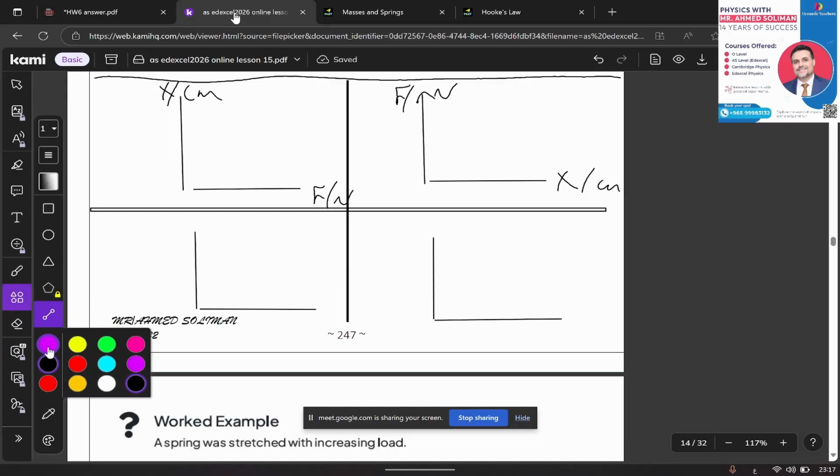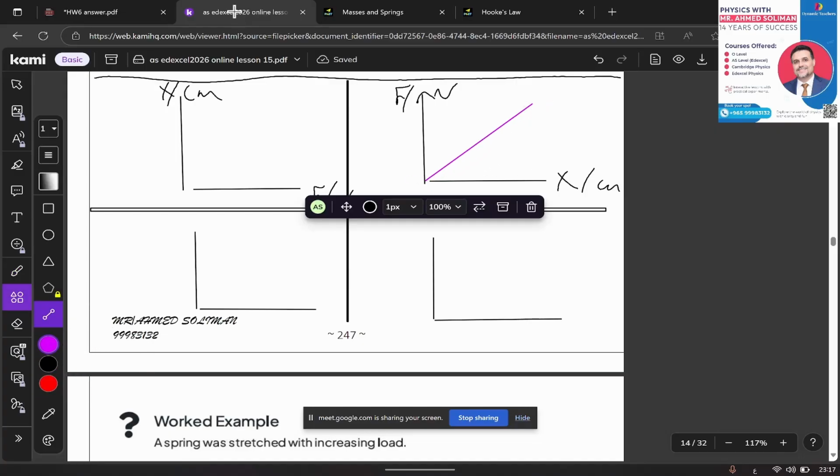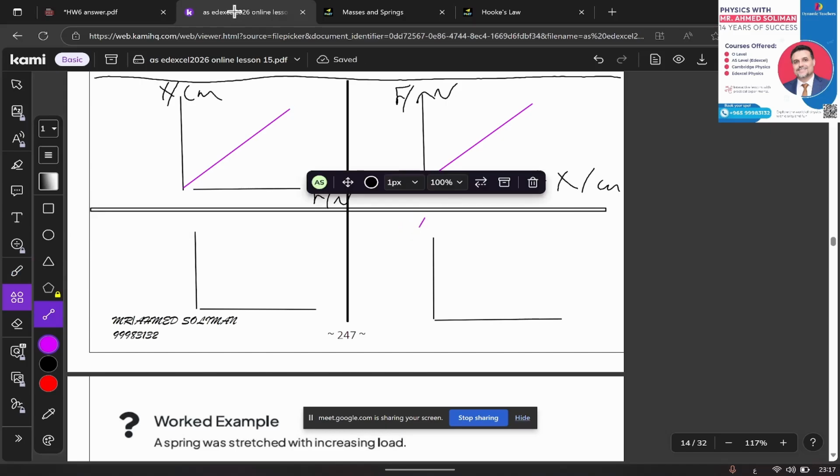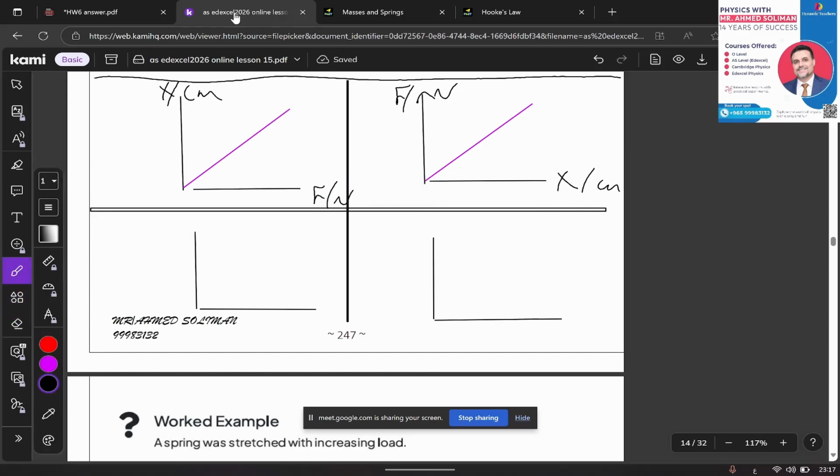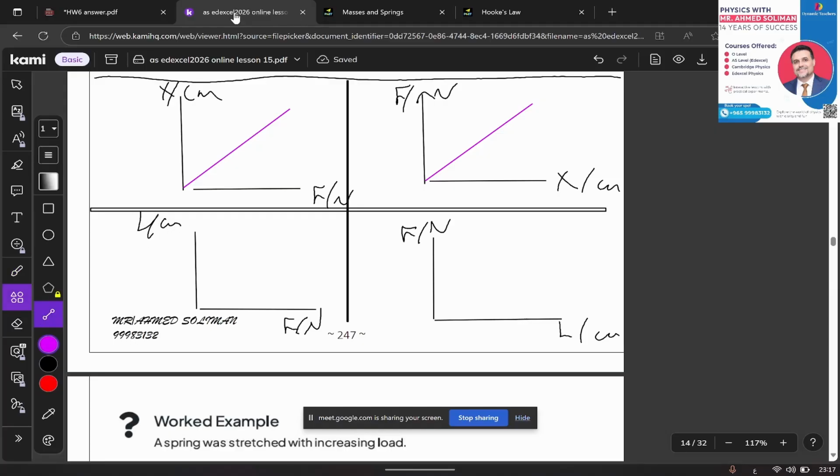So both will be what? Straight line from the origin point. We have also force and length. So it will also be a straight line, but start from what? Original length.